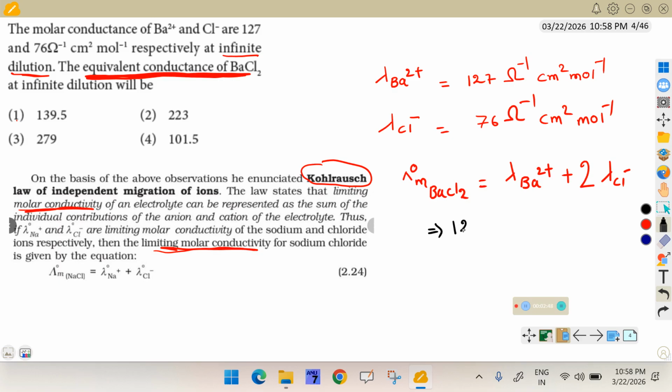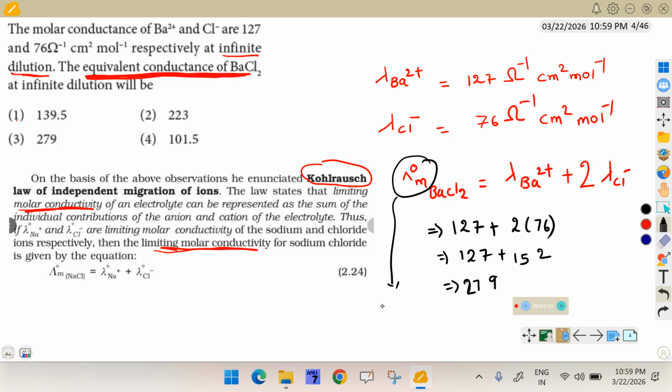So the value is 127 plus 2 into 76, which is 127 plus 152, equal to 279. This 279 is the molar conductivity or molar conductance.